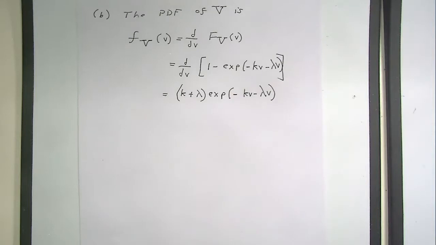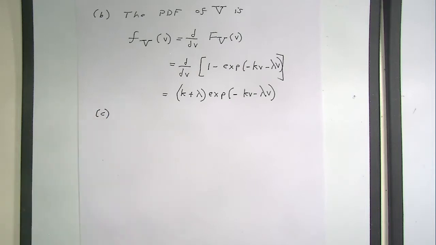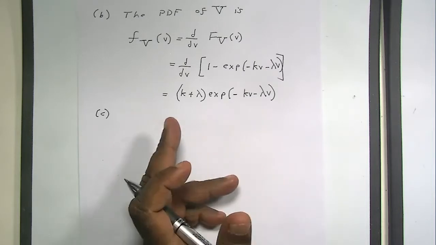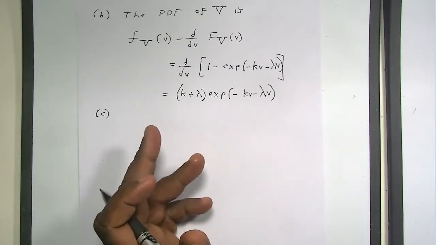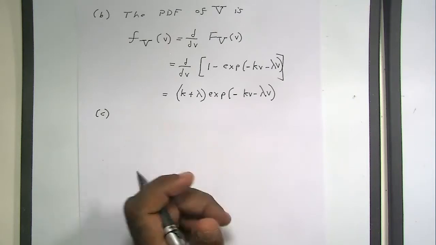This is what you get. Alright, that's the PDF. This is clear, guys. It's just straightforward. You just differentiate the CDF to find the PDF, right?